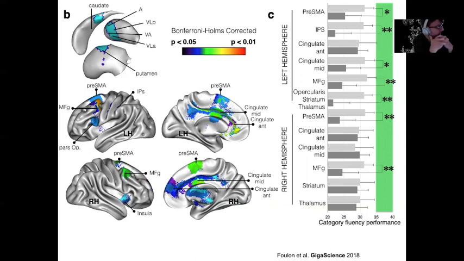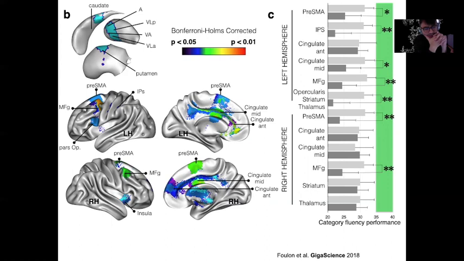But on the surface of the brain, you also have in the left hemisphere the pre-SMA, middle frontal gyrus, and pars opercularis, with a little bit of contribution of the intraparietal sulcus. And in the medial view, you'll have a contribution of the cingulate gyrus, and you have the other side of the pre-SMA here.